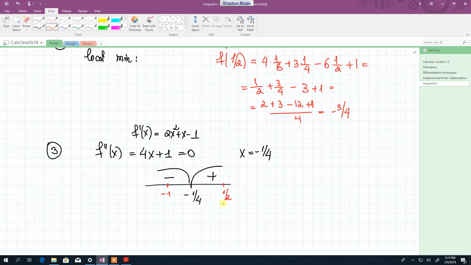If you now put the critical points, you can see where the function is concave down and concave up, okay? If the function is concave up at some critical point, it means that it reaches the minimum there. If your function is concave down in some region and your extreme point is also there, it means that the function reaches its maximum there, okay?